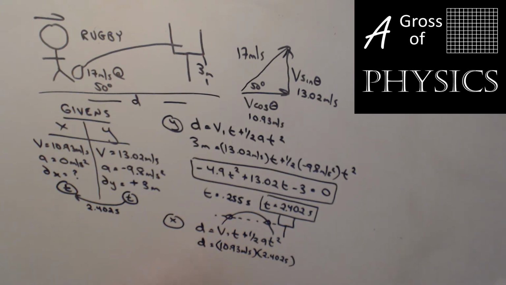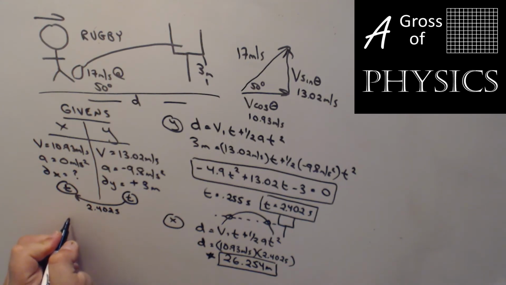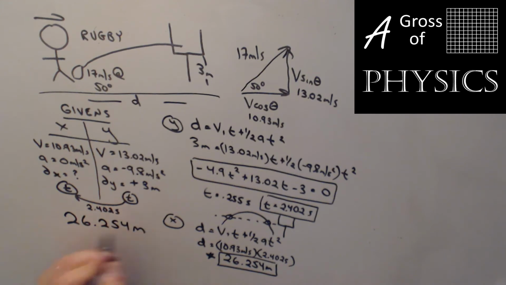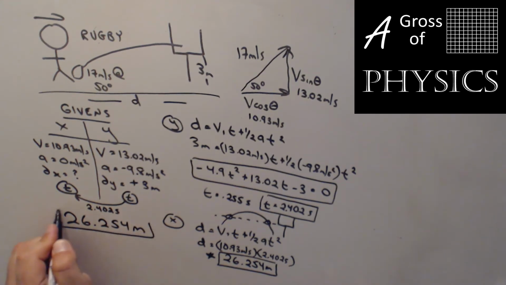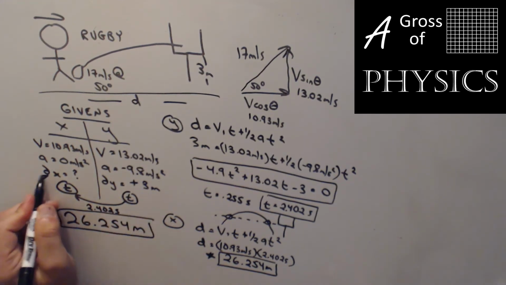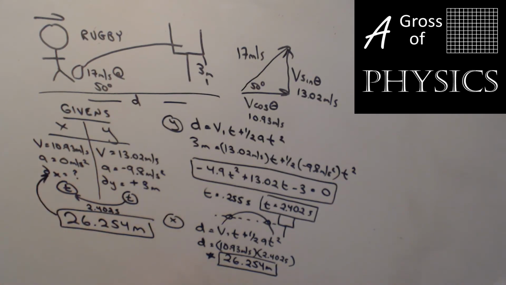I'll take 10.93 and I'll multiply it by 2.402, and I'll get 26.254 meters. So the person can strike the rugby ball 26.254 meters away and barely skim the crossbar 3 meters high.